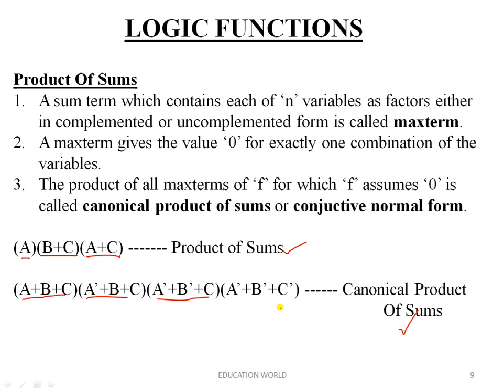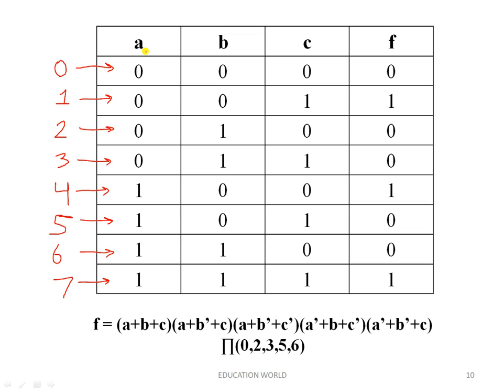Now we will see an example of it. It is 3 variables, so we will take the example of 3 variables a, b, c. The combinations of zeros and ones will be 8. In the a column, the combination is four 0s and four 1s.